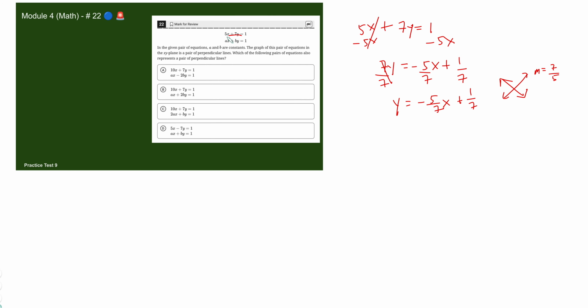Okay, so let's try to make a positive 7/5 happen with A and B. We have AX plus BY equals 1. Minus AX, so BY equals -AX plus 1. Divided by B, and we have y equals -A/B x plus 1/B.